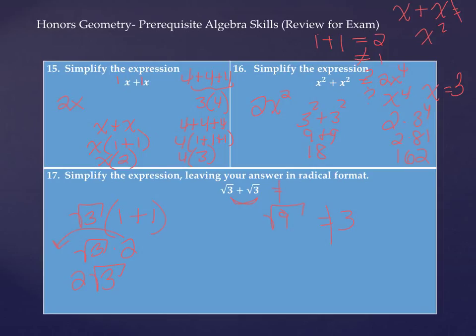Another great approach would be trying to make up your own problem here with perfect squares. So square root of 4 plus square root of 4. I know that's 2 plus 2, which equals 4. And I certainly know that that 4 does not equal the square root of 8. So that's another quick way that you can check your reasoning.